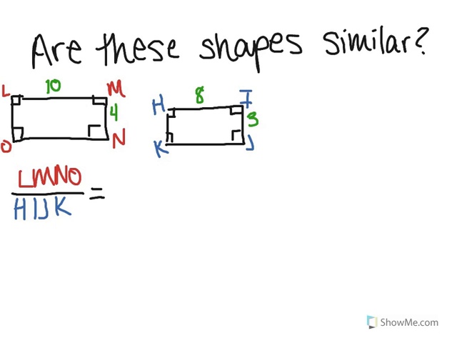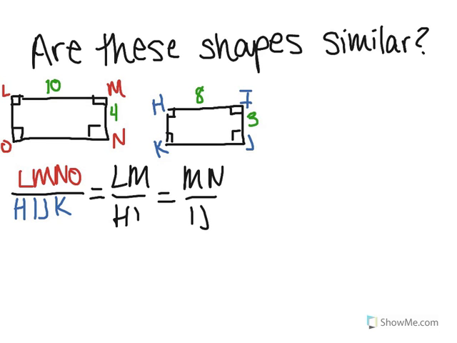Now, my side LM corresponds with HI, and my side MN corresponds with IJ. Alright, so I'm trying to figure this out with these side lengths. LM, my side length is 10, HI is 8. I want to know if this ratio is equal to, so I'm going to just put a question mark because I'm not sure.